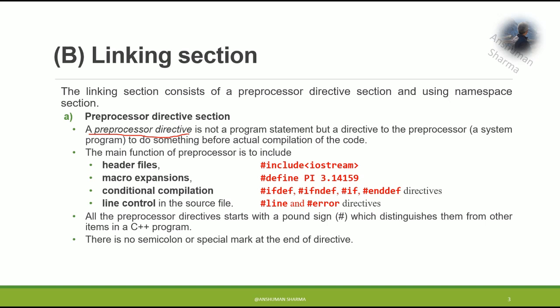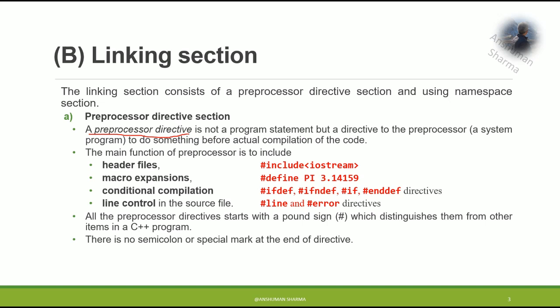Now there is a preprocessor that comes into the stage before compilation. If you remember the stages of program execution, we discussed the preprocessor whose main task is to pre-process statements. So it is a directive to the preprocessor for pre-processing.